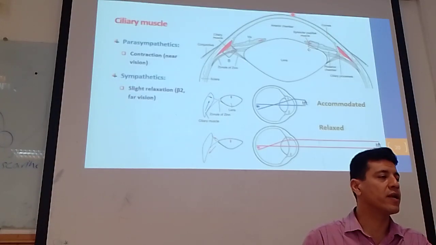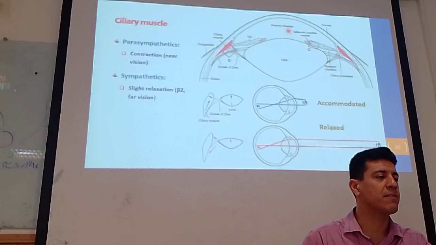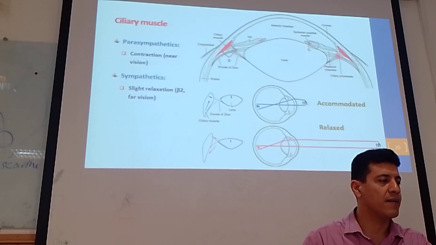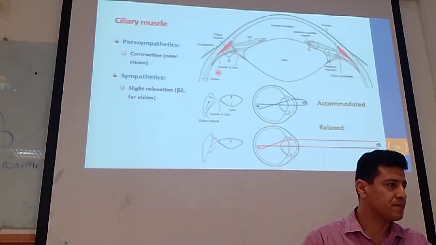So we have the cornea of the eye here, anterior chamber, posterior chamber, the lens is here. The lens is suspended by ligaments here called zonule of Zinn. These ligaments are attached to the ciliary muscle here. So we have ciliary muscle here and here.